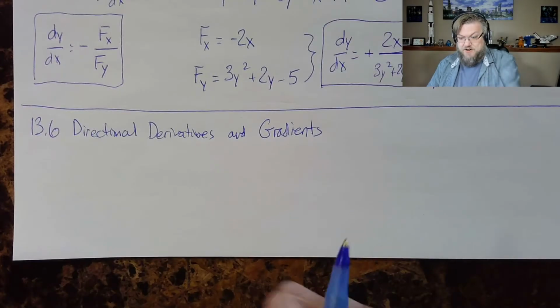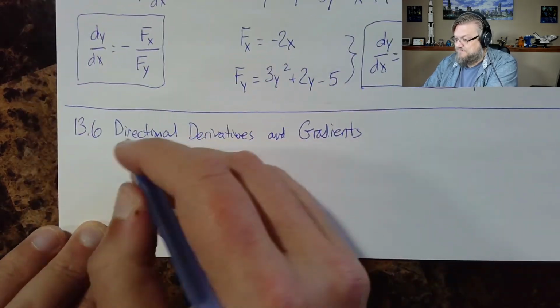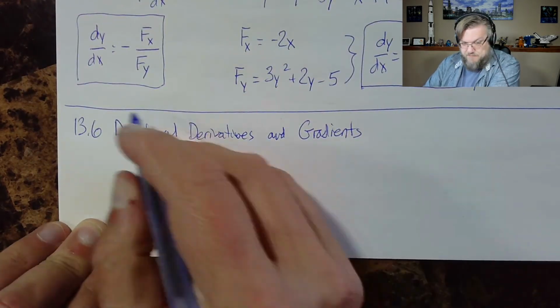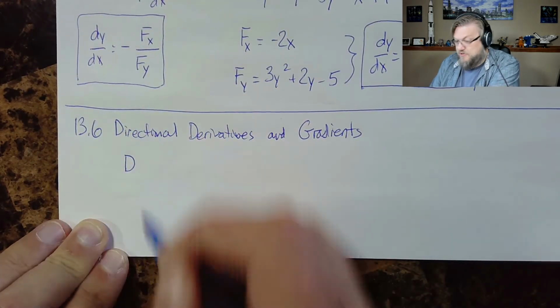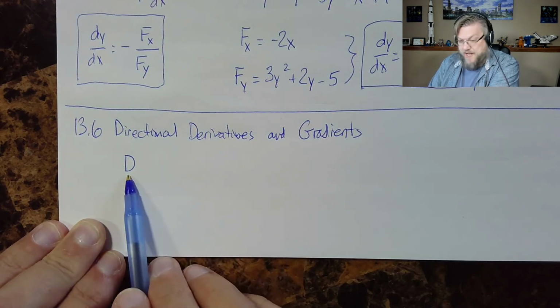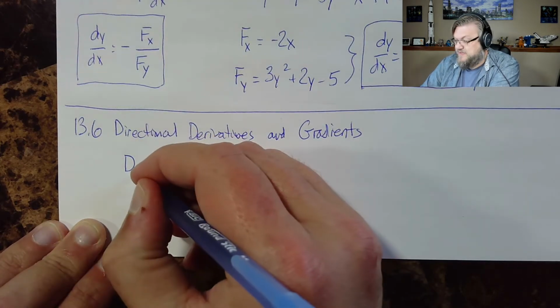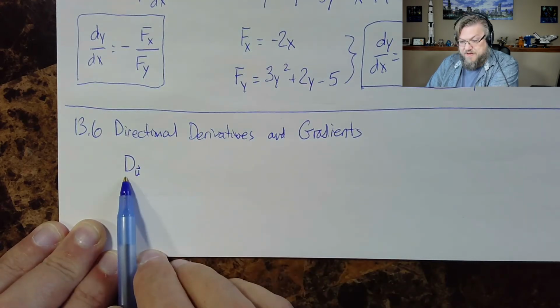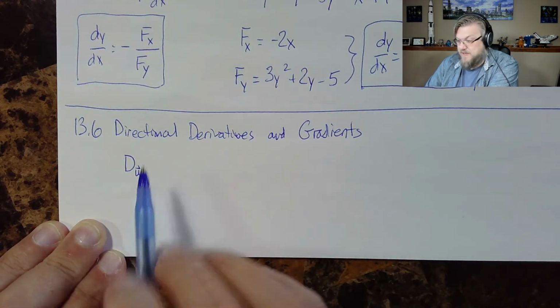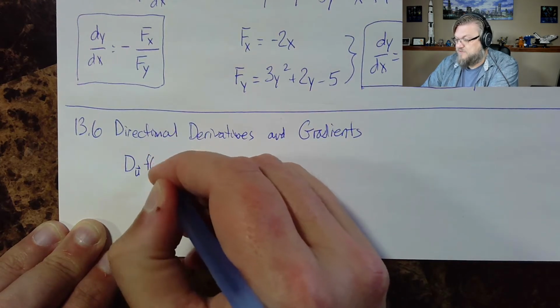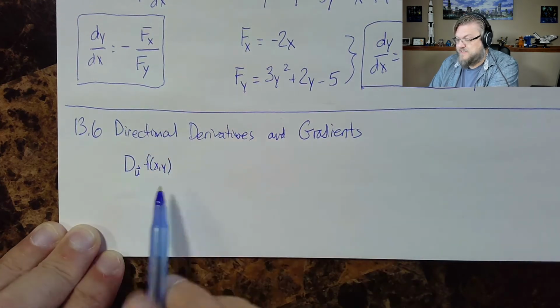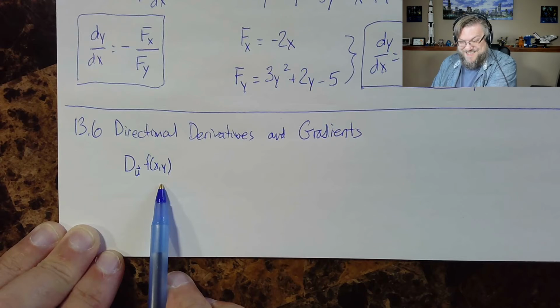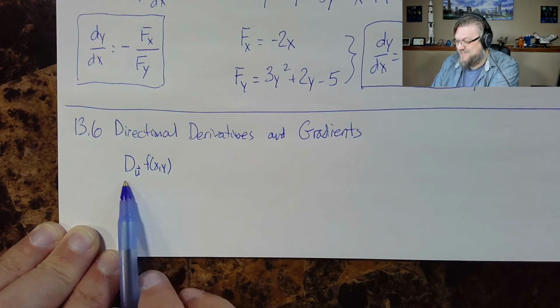So here we go. The directional derivative is going to be the following. The notation's a little crazy. So capital D for derivative, with a sub u, right? So this is like the directional derivative in the direction of u of the surface f of x, y. And so that's a whole lot of symbols in this notation, but that is the notation that we use.